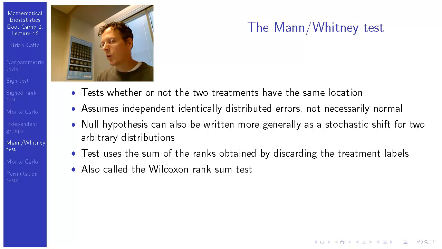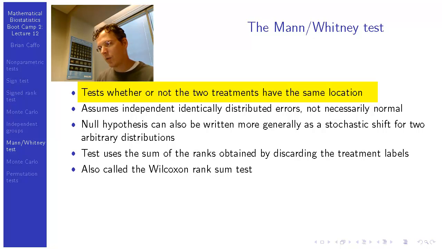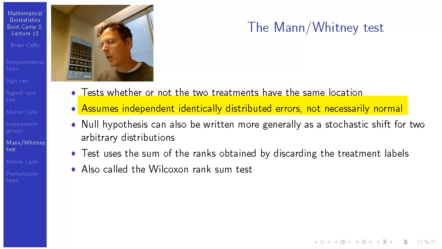Okay, so what we're going to do is test whether or not the two treatments have the same location. What I mean is the distributions are centered at the same place. We're going to assume that the measurements have independent identically distributed errors that are not necessarily normal.